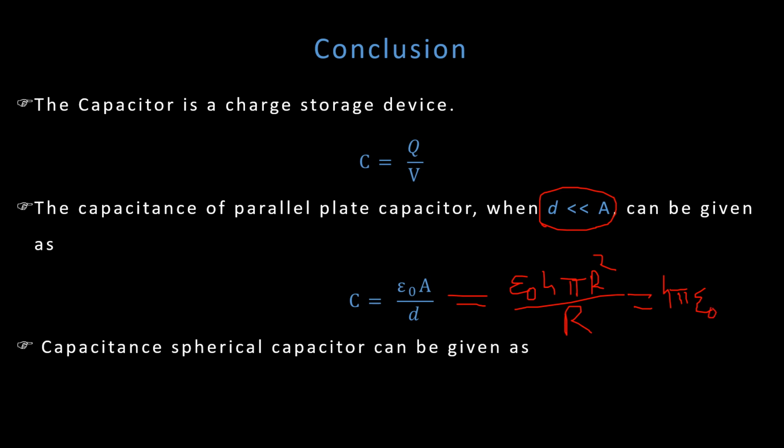This is the capacitance of a spherical capacitor. So for a spherical capacitor, capacitance can be given as 4 pi epsilon 0 r, or 1 by 4 pi epsilon 0 may be considered as k, then it is r by k. So that is the expression for a spherical capacitor. So that was the topic.